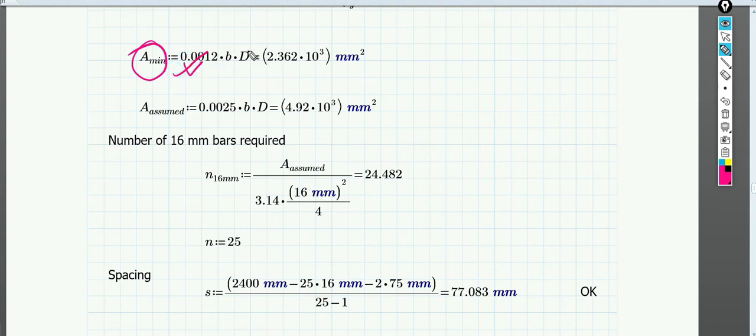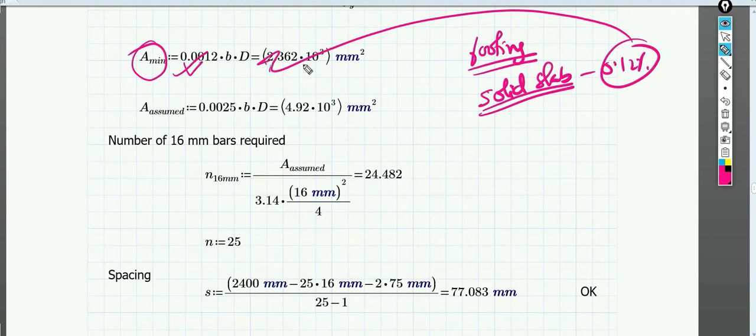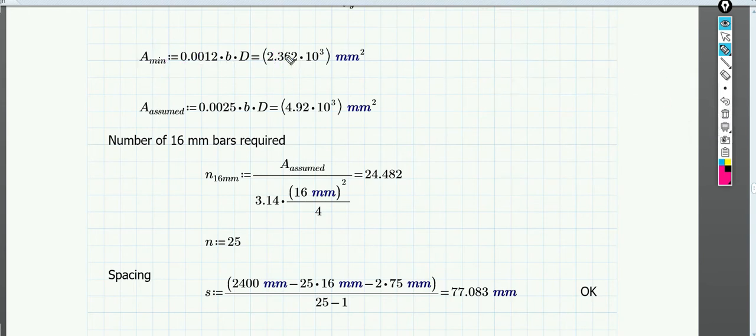Basically the reinforcement requirement for footing is same as that of a solid slab. For a solid slab, if you remember, it is 0.12%. The same thing will be considered for the minimum steel of a pile cap or any footing, which is 0.0012 into b into d.